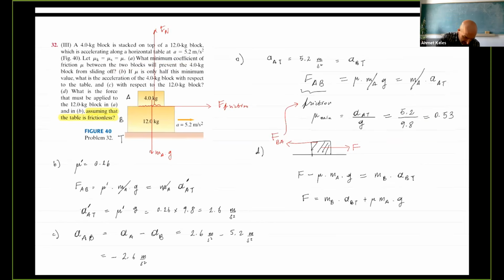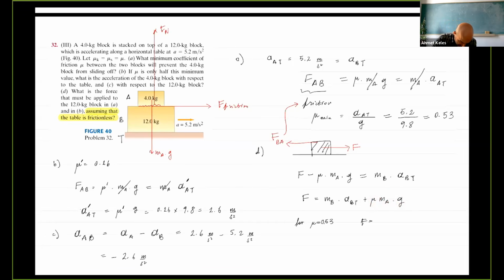So for mu equal to 0.53, the force is, okay, I know M_B, I know M_A, I know a_BT with respect to the table. I know mu, I know this, I know this. I just plug these numbers in, and what I found here is, let me just write the results.